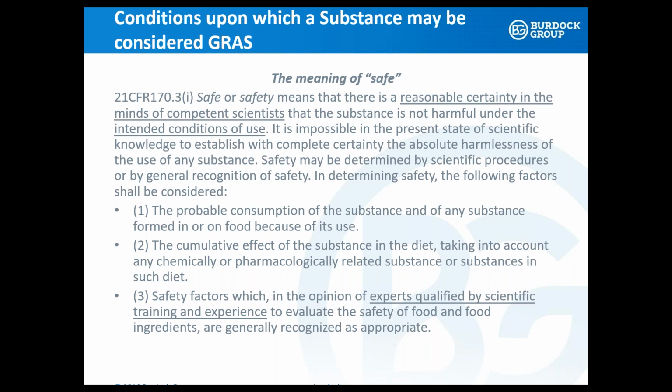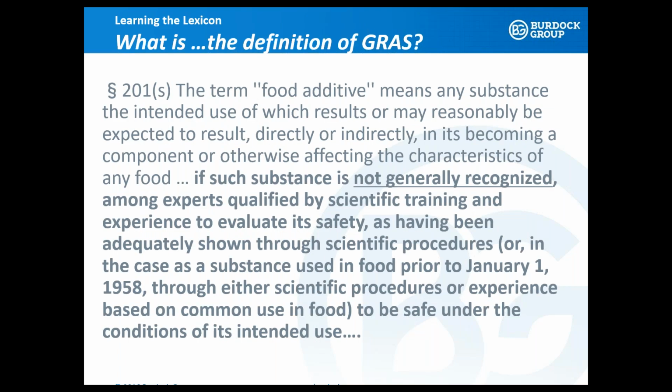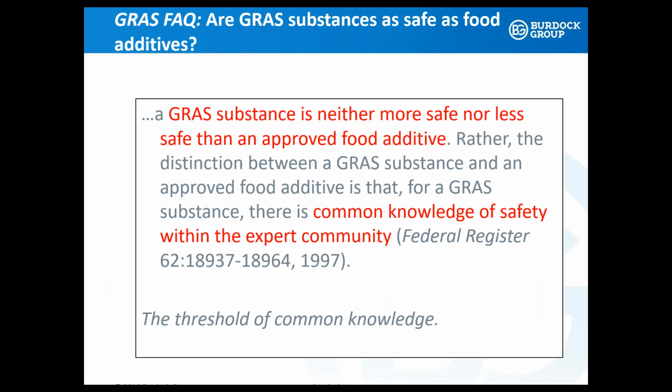So, if you go down to number 3, one of the things that's underlined that's important to note is experts qualified by scientific training and experience, and you saw that on the CFR entry in the previous slide. So experts in the bolded area, qualified by scientific training. We'll get to that in a second, but that's key.